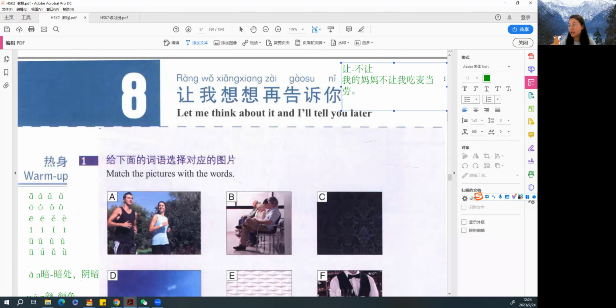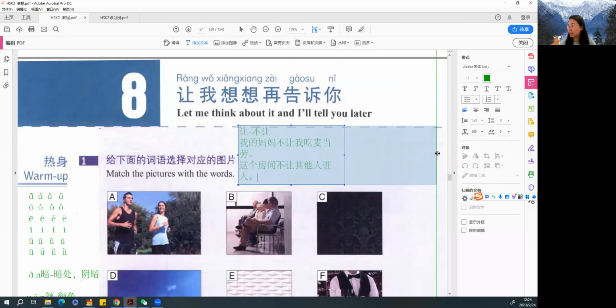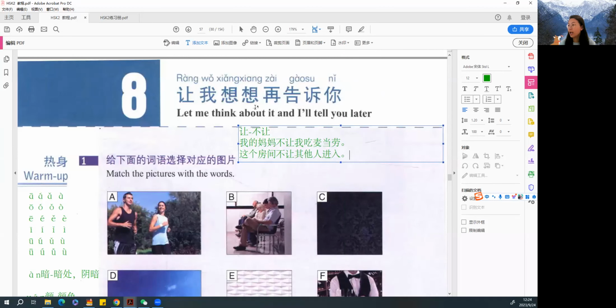We can say 这个房间, this room, 不让其他人进入. So this is the 让 over here. And 让我想想 here is let me think about it.